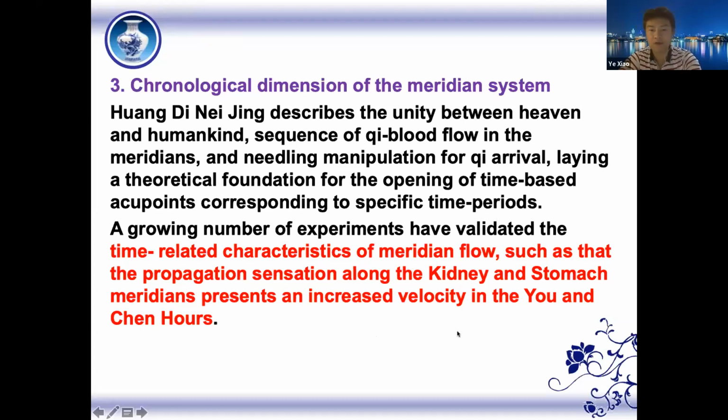A growing number of experiments have validated the time-related characteristics of meridian flow, such as the propagation sensation along the kidney and the stomach meridians presents an increased velocity in the You and Chen hours.